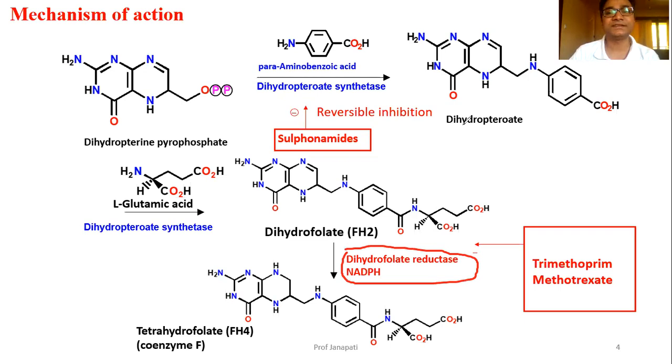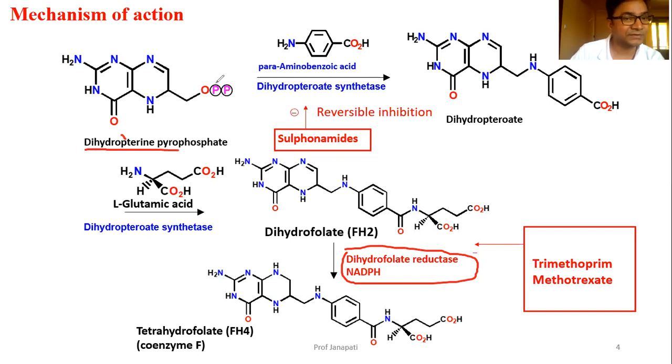See, the first one is that here you need to remember, if there is a double bond here, it is called the pteridine molecule. It is called pteridine. Because in our structure, the double bonds are removed, that's why we have written dihydropteridine.